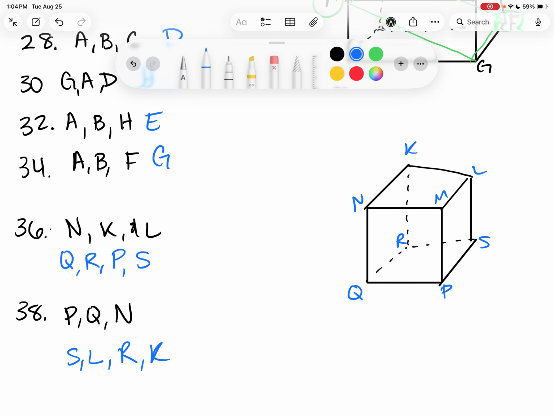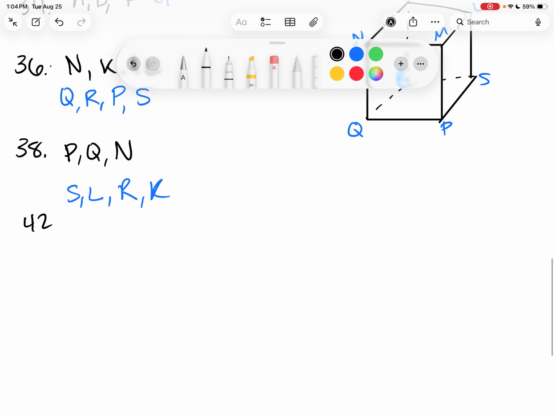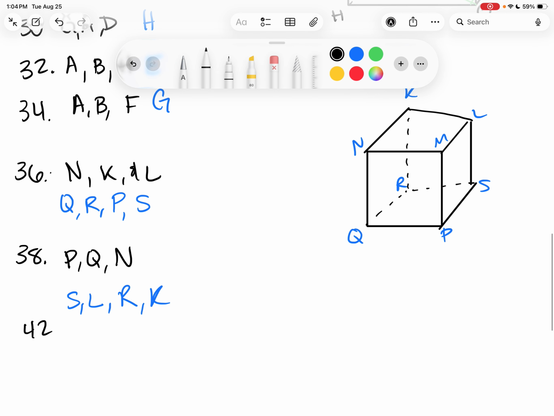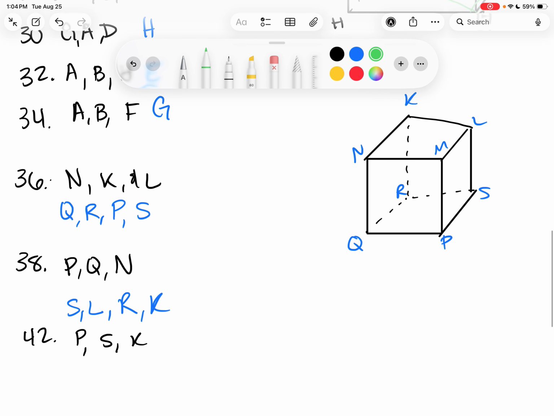42. Getting away from my box. 42, we've got P, S, and K. So notice again, just like that last chunk of problems, this one is here to here. So it's that slant going through.